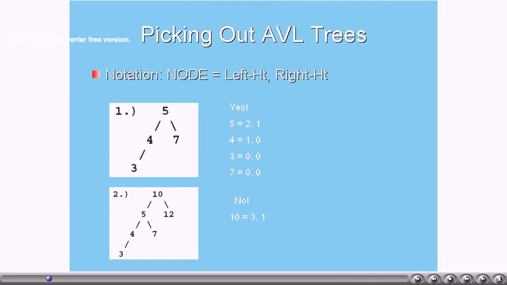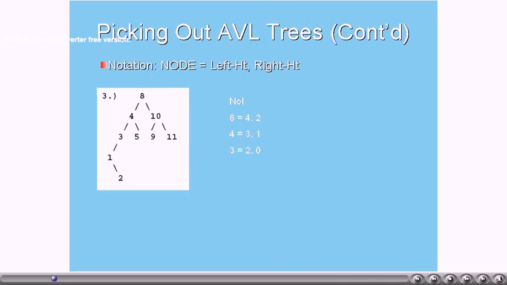Whereas the second one is not. For example, at node 10, if you verify the left subtree height is 3, right subtree height is 1, thus 3 minus 1, it is 2, which means that that tree is not an AVL tree. For example, the following figure, if you verify, it is also not an AVL tree.